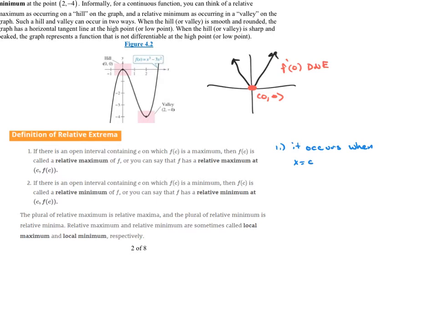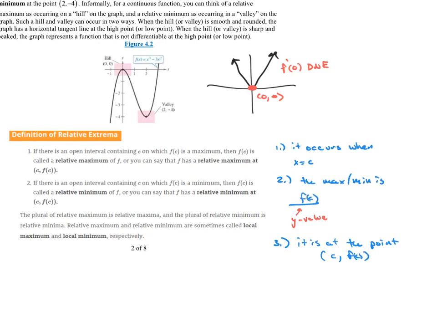So you can talk about a maximum occurring at a given x value. 2, you could say the max or min is, and here you're going to put in the y value, or the function value. So the max or min is the actual y value, okay? Or the third thing you can say is it is at the point, and then you would give the ordered pair (c, f of c), right?